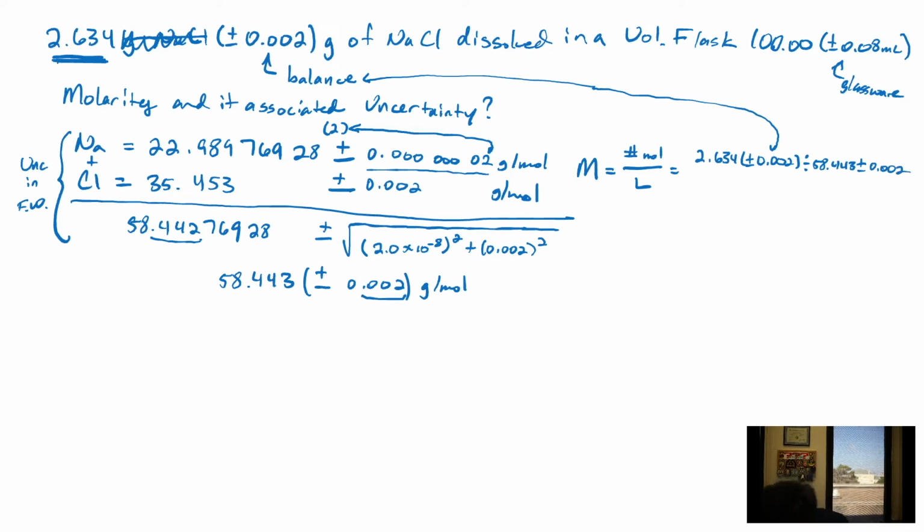I forgot to put parentheses right there. Let me erase that. I just want to make sure that you're clear on everything I'm doing, so I'm going to erase it and do it again with the parentheses. If you want to get into the habit of just using parentheses all the time, it makes it easier to see where the uncertainty is. But whatever you want to do, okay?